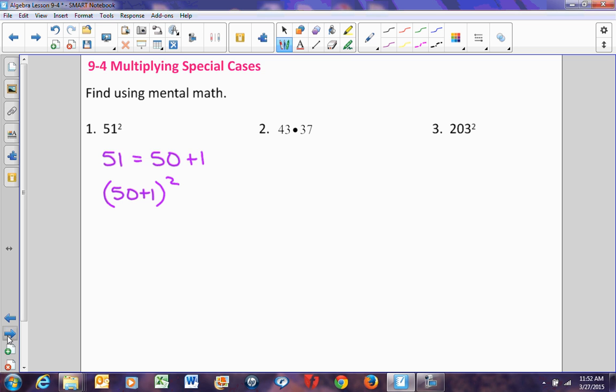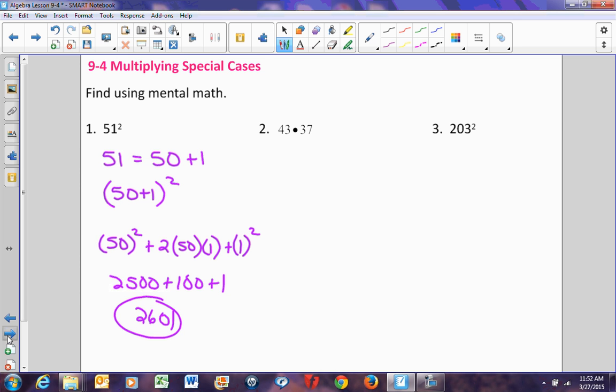So that would be 50 squared plus 2 times 50 times 1 plus my b term squared. That's 2,500 plus 100 plus 1. 2,601. You're like, how's that mental math? You wrote a whole bunch of stuff down. Eventually you'll be able to do it in your head.